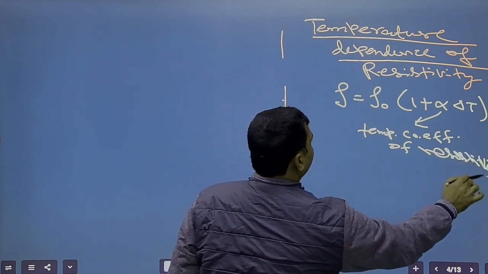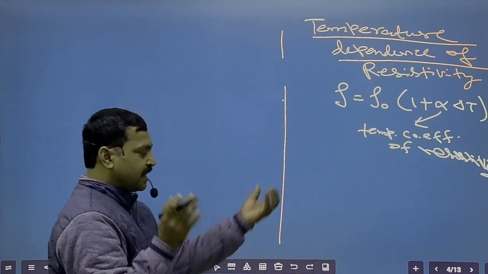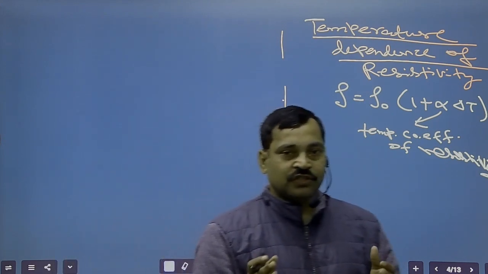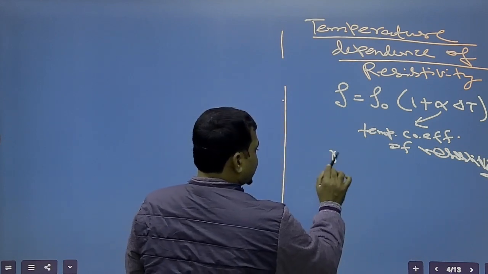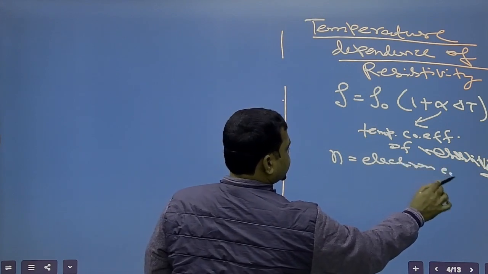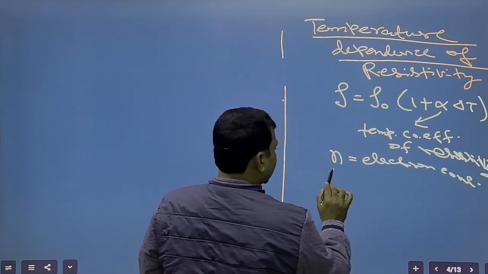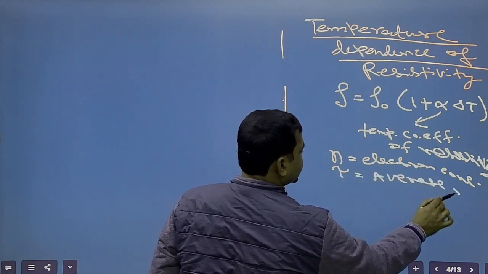So you already know this resistivity depends upon the nature of the conductor. In the nature of the conductor, basically we deal with the electron concentration and the average relaxation time.